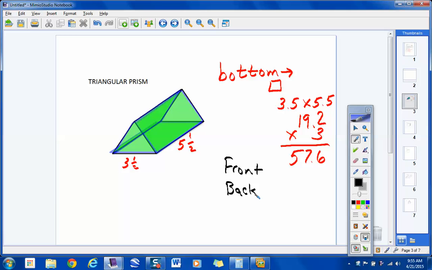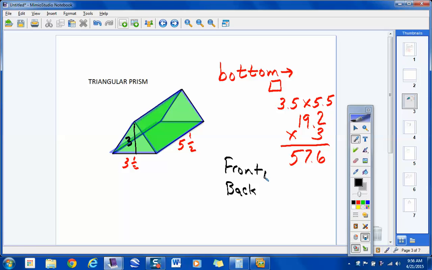Okay, Brianna, carry on. Then we measured the base, which was 3.5. So the base is 3.5 here. Divided by 2. How about the height? What did you get for the height right there? 3? Okay, so for this right here, the front, which is what kind of a shape again? Triangle. Front is a triangle, right?